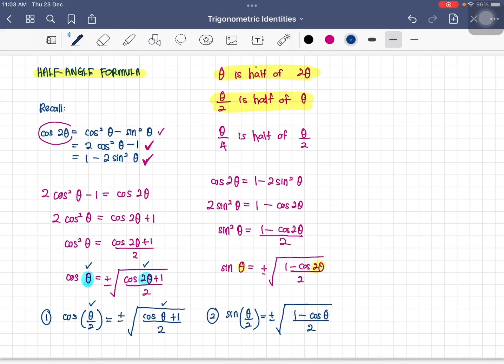And the last formula that can be obtained is actually the third one, which is tangent of theta over 2. So how do I get this one? This one is given by the formula sine of theta over 2 divided by cos of theta over 2. So how do I do this? So of course I'm going to substitute the formula for sine theta over 2 and cos of theta over 2.